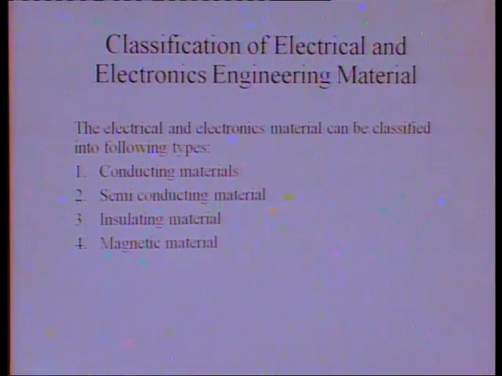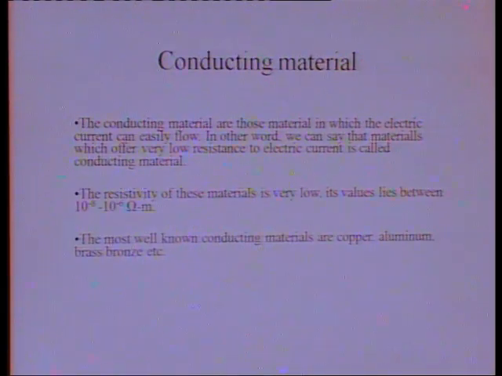First material is conducting material, second is semiconducting material, third is insulating, and fourth one is magnetic material. So, always remember in electrical and electronics engineering material 4 types of material are used: conducting, semiconducting, insulating and magnetic material. First is conducting material.